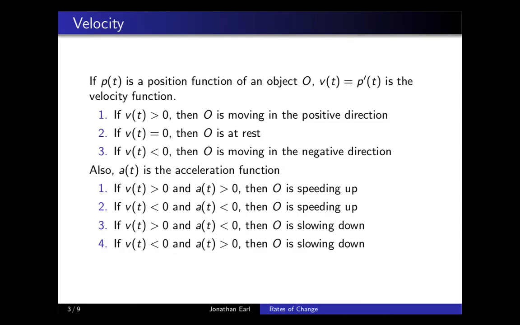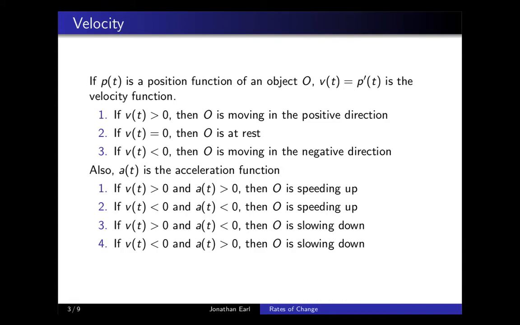One place you could think about this that we've kind of seen already is if you threw a ball up into the air, it would be moving up and then it would start to come back down towards you. And in the instant where it's changing from moving up to moving down, that instant is going to be where the object is at rest. And then anywhere where the velocity is negative, that tells you that the object would be moving in the negative direction. So as we've conceptualized it, moving to the left.